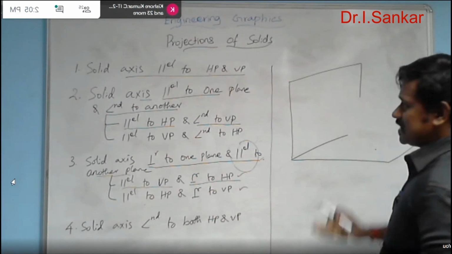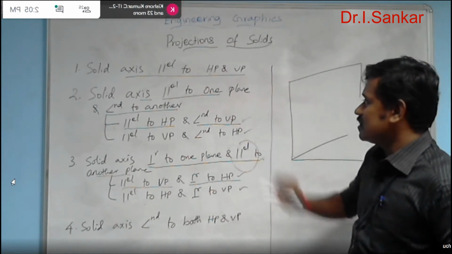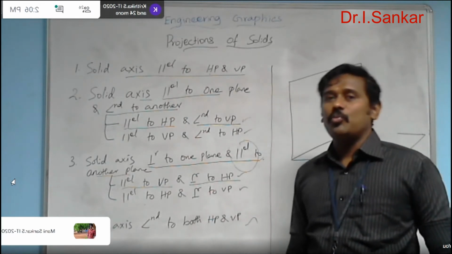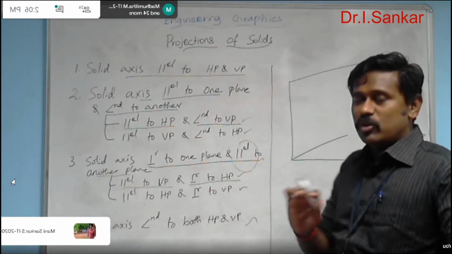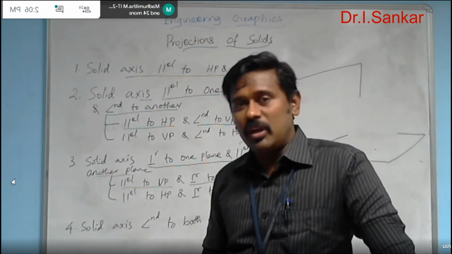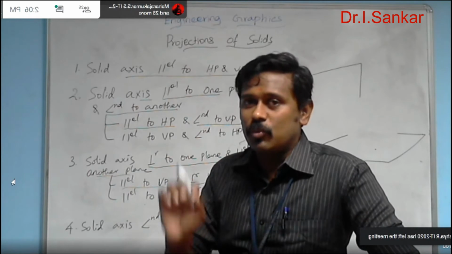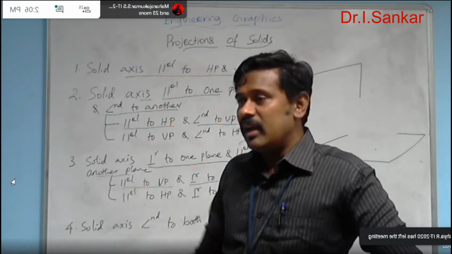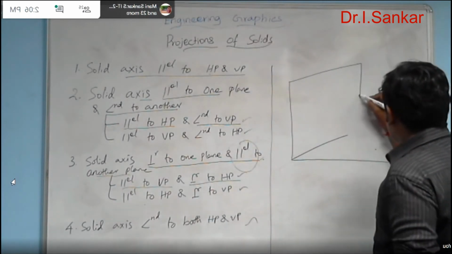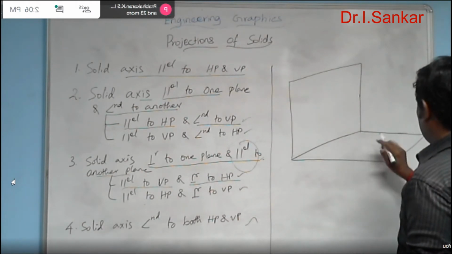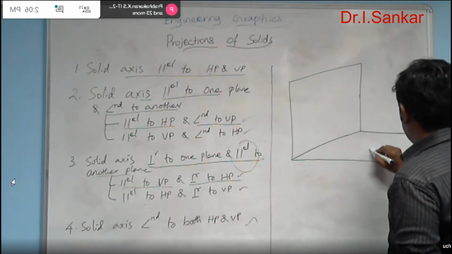We just discussed these two cases, and the last case is solid axis inclined to both HP and VP. The axis should not maintain parallel with HP or with VP. It needs to have inclination with both HP and VP. This is nothing but the last case. So I think in hand drawing it will not be accurate, but I will try up to some extent.